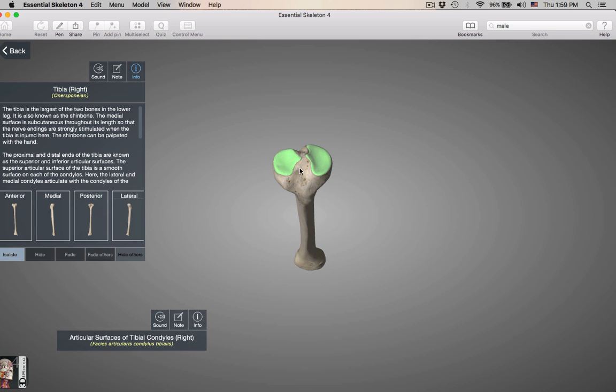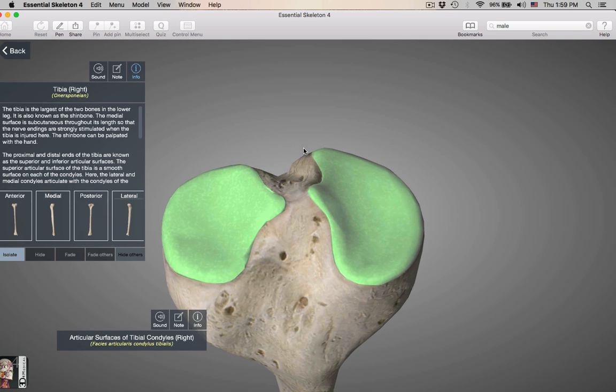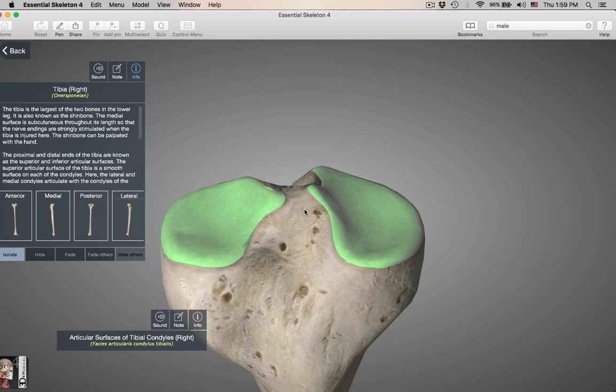And in between the condyles you have the intercondylar eminence. It's this projection, kind of sticking up, right here.